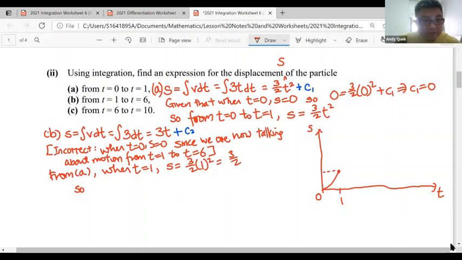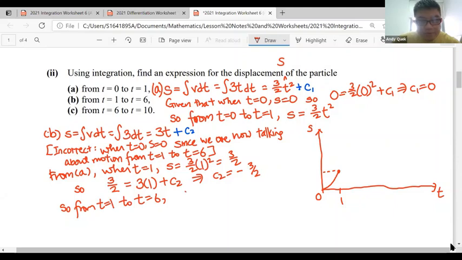So now I can substitute s, which is 3 over 2, equals to 3 times 1 plus C2, and I have C2 is equal to minus 3 over 2. So from t equals to 1 to t equals to 6, this new formula is s equals to 3t plus C2, which is minus 3 over 2.